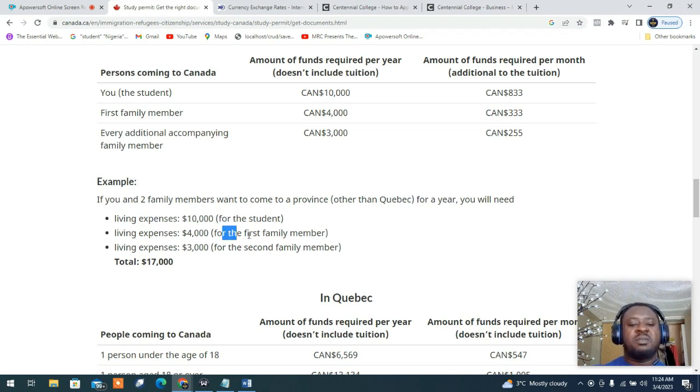Then for the first family member, maybe you and your husband are coming, or you and your partner, you add an additional 4,000. Then for the second family member, 3,000, making it 17,000. Let's assume you're the wife, your husband, then your child, so you have 70,000.